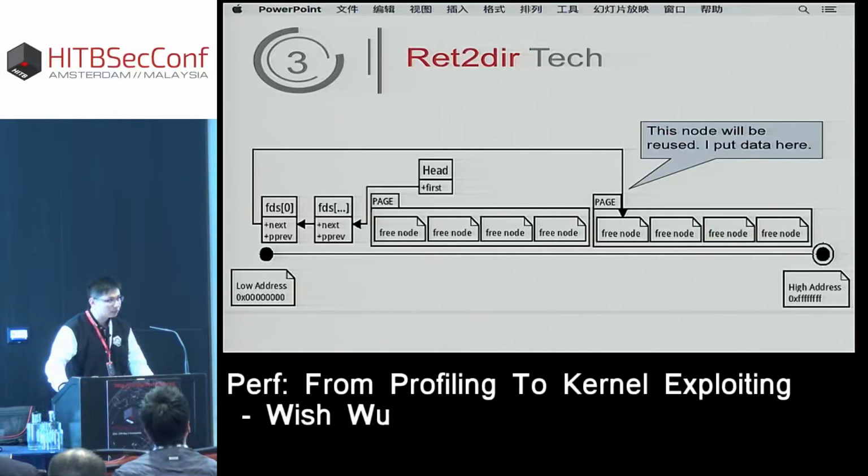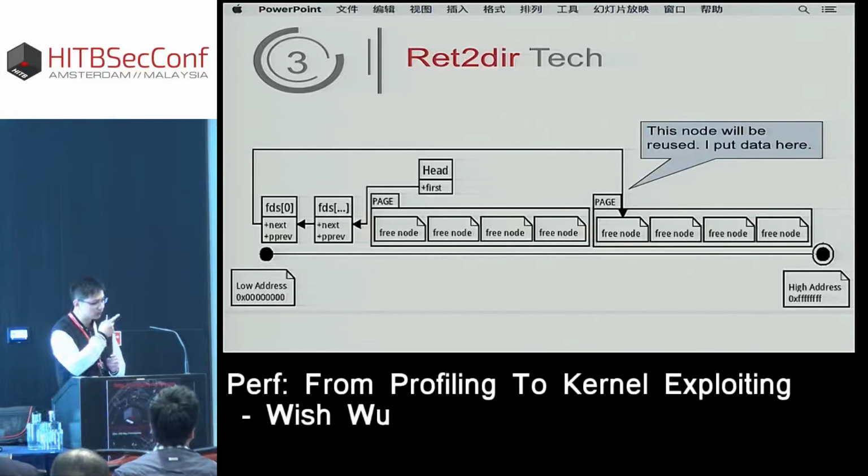The ARM 32 doesn't have the return-to-user technology enabled. Return-to-user technology means the kernel context can be changed to user space directly. So I prepare a piece of code in my user space, then I let the kernel jump to my user space code, then I execute my code.